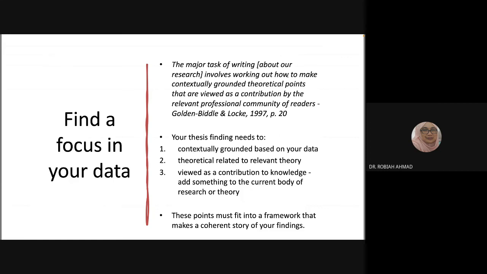As we all know, for research students, either MPhil or PhD, you are required to have something new, something that you can contribute to the knowledge of your field. So always bear that in mind so that you have a focus.